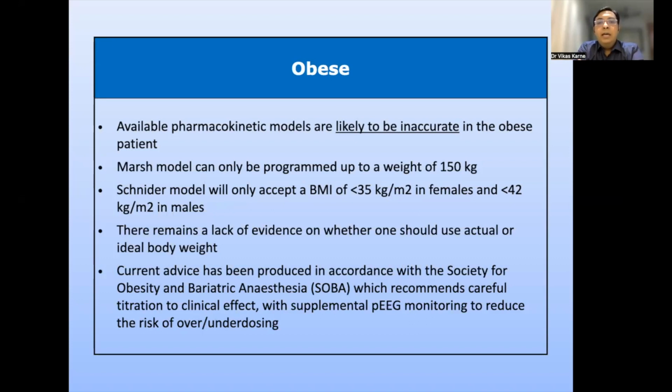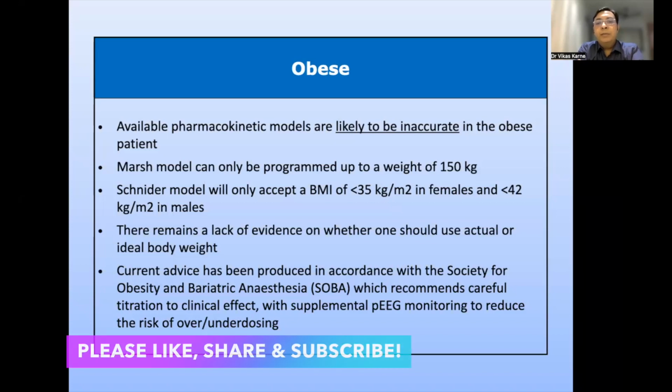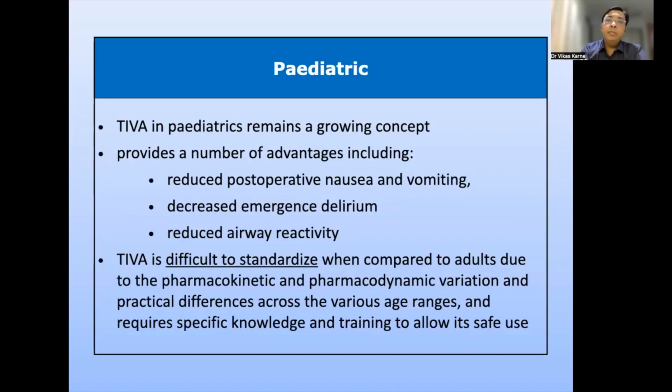There remains a lack of evidence on whether one should use the actual body weight or the ideal body weight when we are using TCI. So there is a gray zone, and current advice has been produced in accordance with the Society for Obesity and Bariatric Anaesthesia, which recommends careful titration to clinical effect, and they strongly recommend use of processed EEG monitoring like BIS or entropy in obese patients.